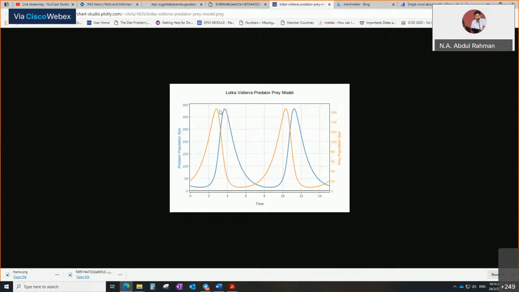And when the number of predators is at its peak, the blue peak here, you see that the number of prey is less. And then you can see the oscillation between the number of prey and predators. This has been modeled from real-life applications, and I believe some of you biologists will maybe do models in biology, maybe something related to population growth or bacteria growth.